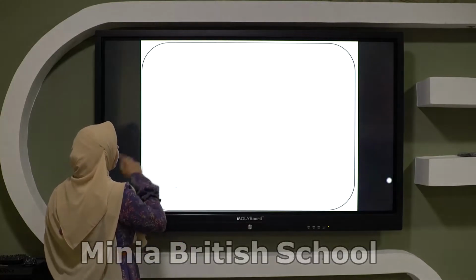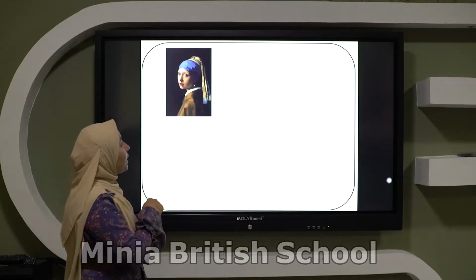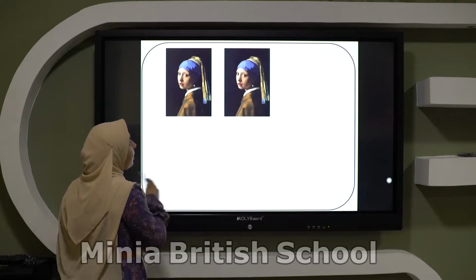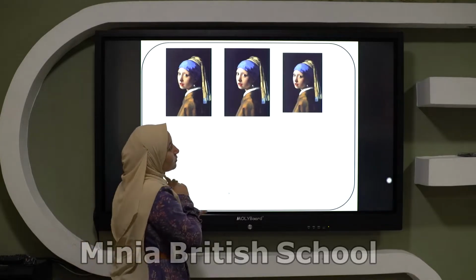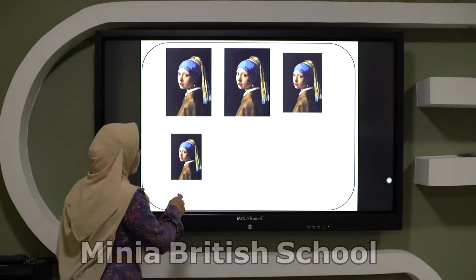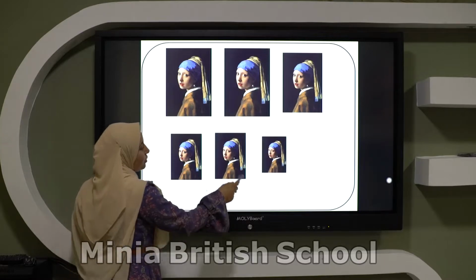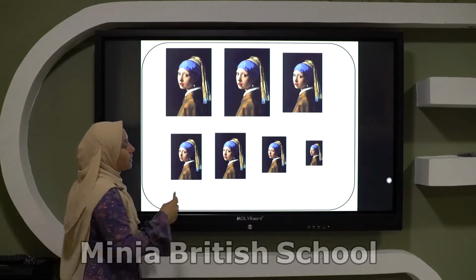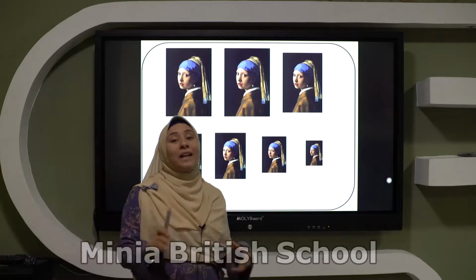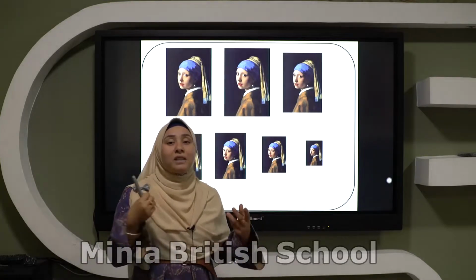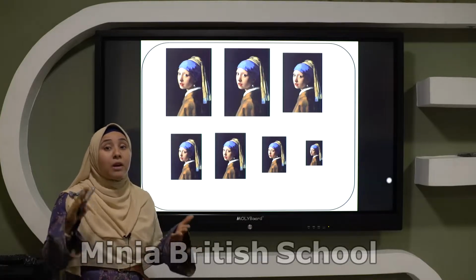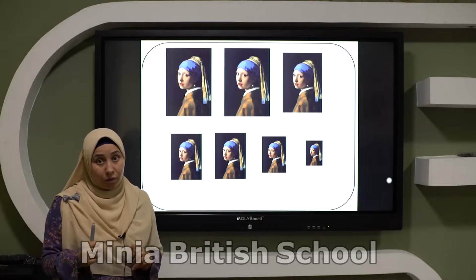Also, for this picture of this woman, we can print a lot of pictures of it in different sizes, like this, and this. This concept in geometry is called similarity. Similarity means that the figures or objects have the same shape but different in size, okay?